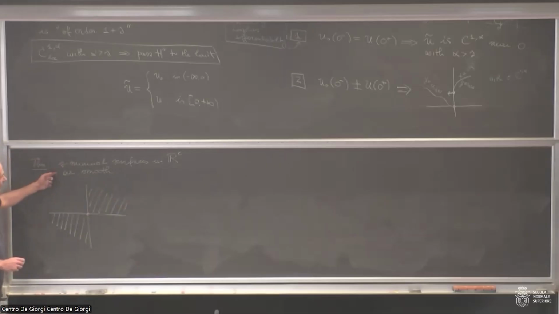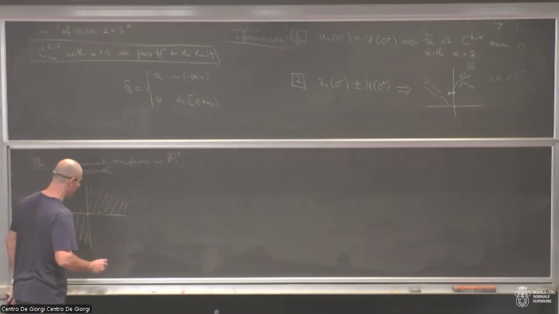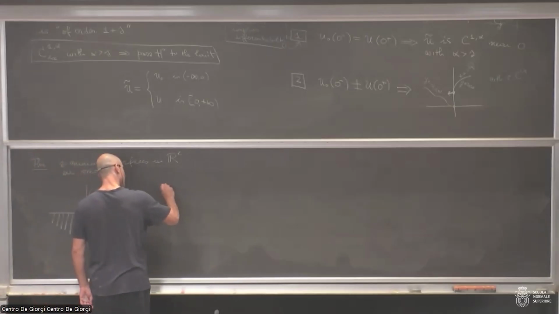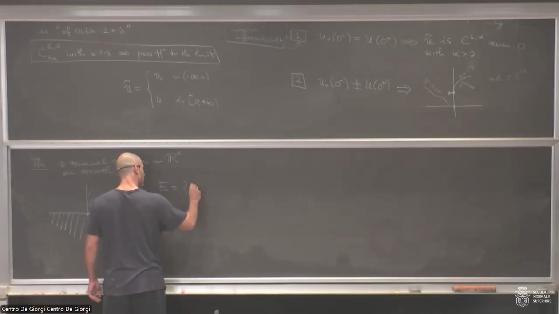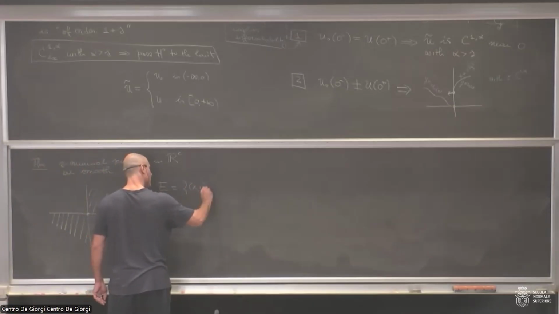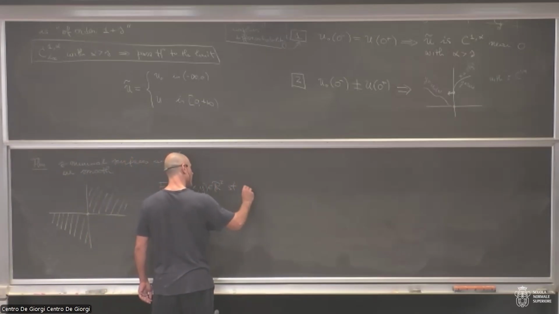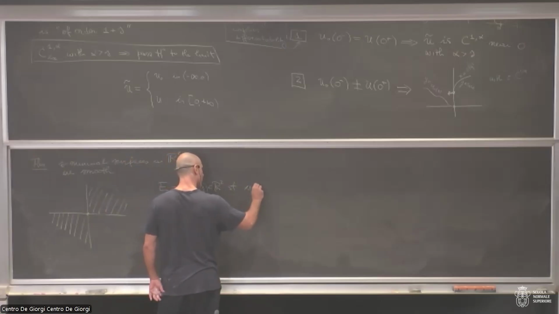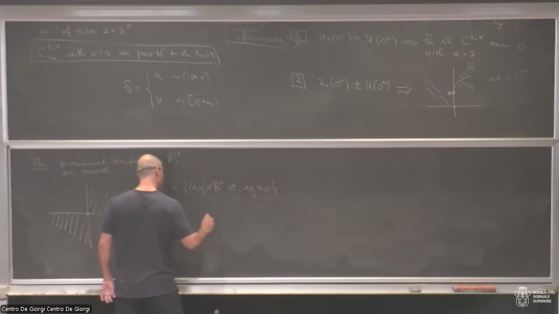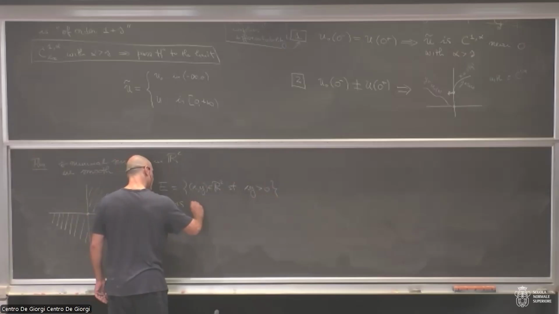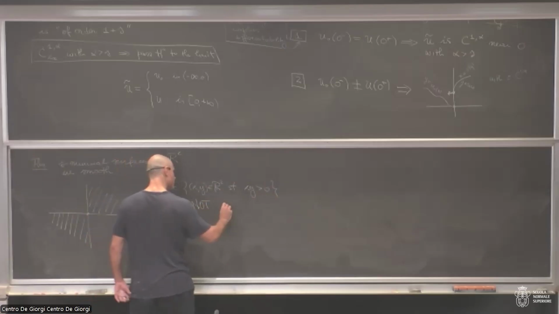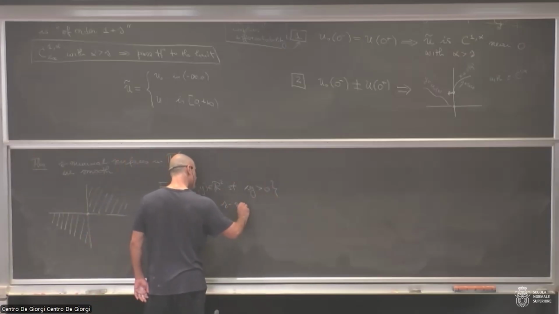So I will not prove this, but I will prove that if you take E to be the set of (x, y) in R² such that x times y is positive, this is not s-minimal.